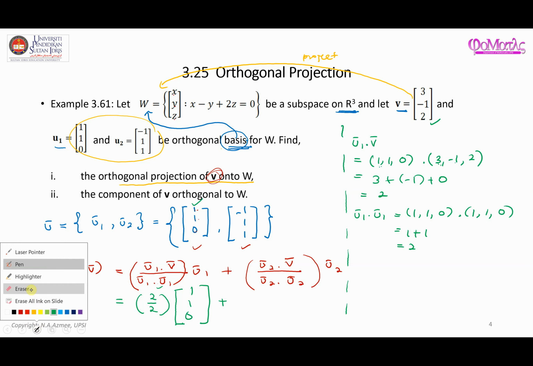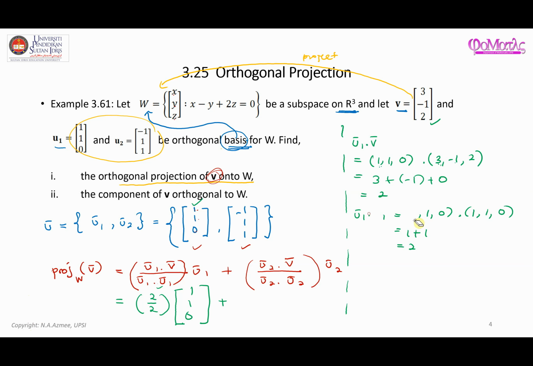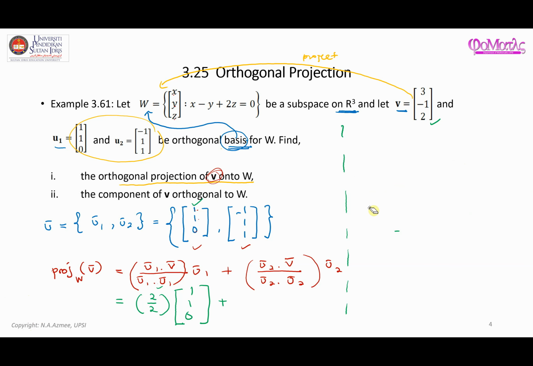Let me erase this. Now we're going to start off with finding the dot product of u2 and v. u2 is negative 1 1 1, and v is 3 negative 1 2. The result is negative 3 minus 1 plus 2, so this is negative 2.